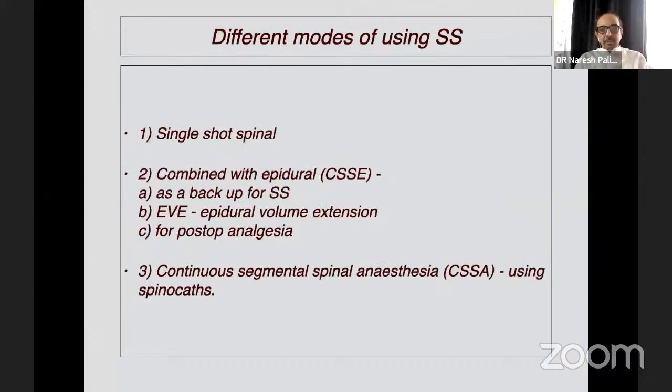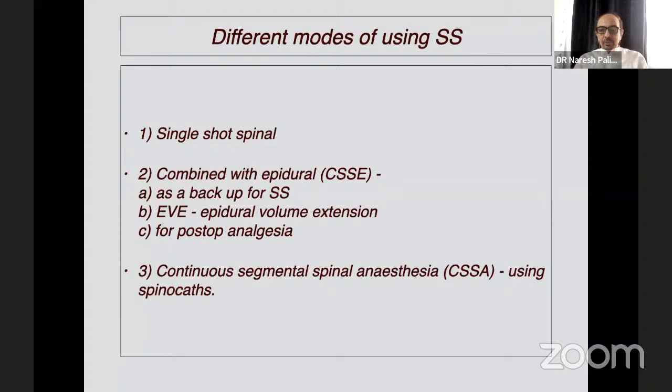There are 3 different modes of using segmental spinal. It can be a single shot spinal for short to mid duration surgeries, 90 to 120 minutes, or it can be combined with epidurals for long duration surgeries, or in very morbid, ill patients when you want to use a very low dose intrathecally for giving segmental spinal. In those cases, epidurals can be handy not only as a backup, but also by the epidural volume extension technique.